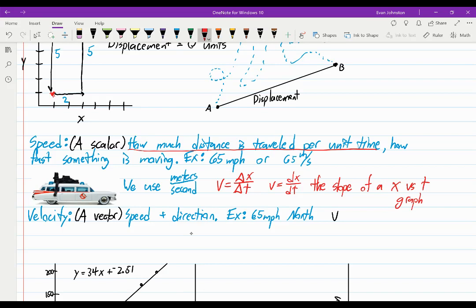If you have a position versus time graph and you just figure out what the slope is, poof, you suddenly know the velocity, which is pretty awesome. And the neat thing is that it is velocity you would know, not the speed, because it would include a direction, because you can have a positive slope or a negative slope. And that kind of implies the direction for us. We'd say, oh, in the positive direction or the negative direction. Okay.